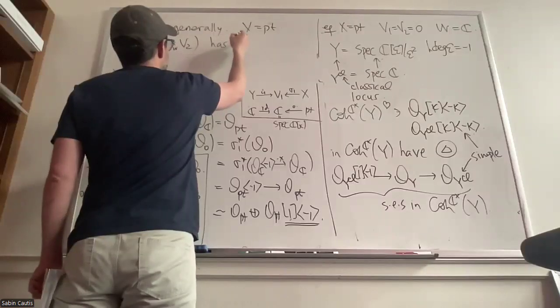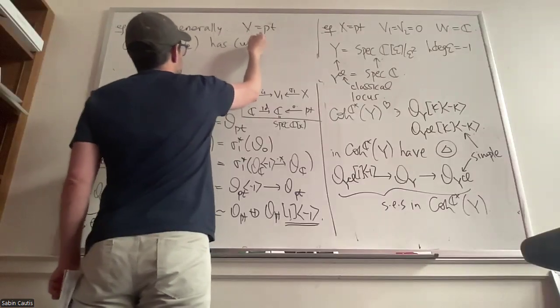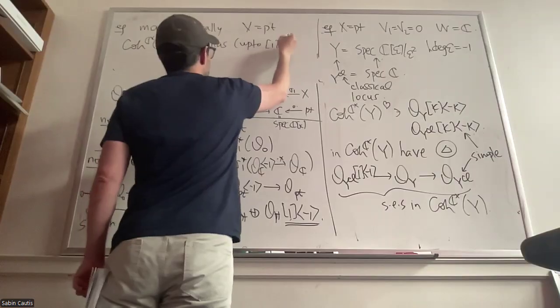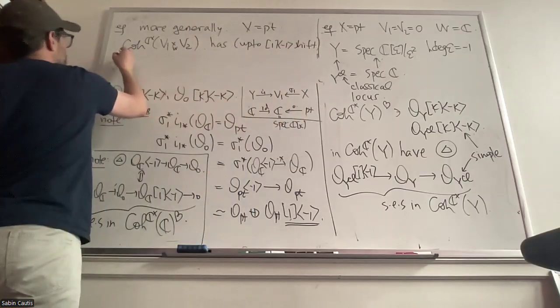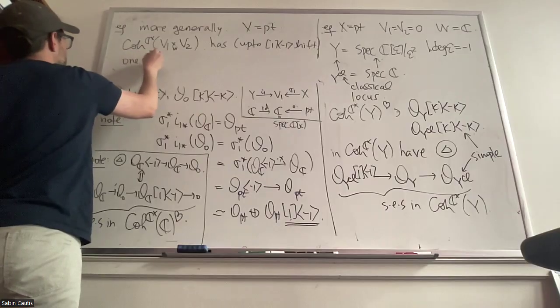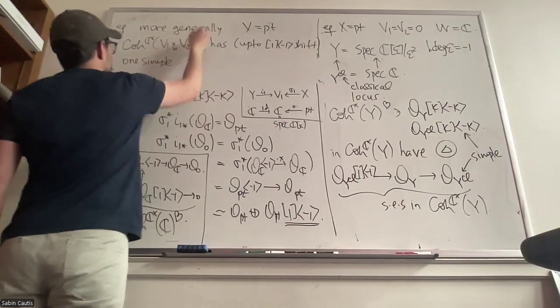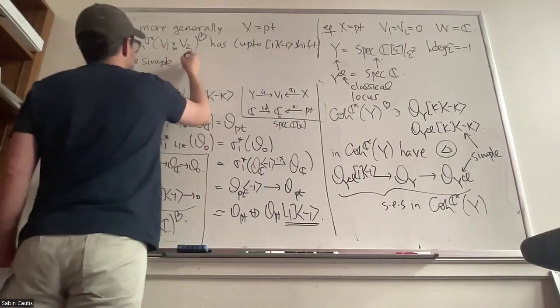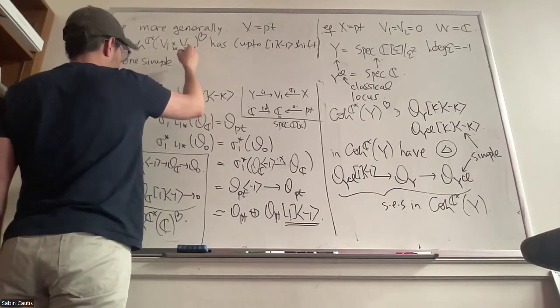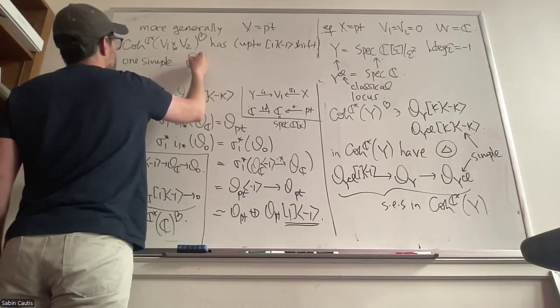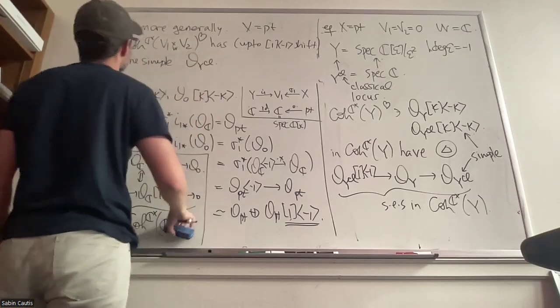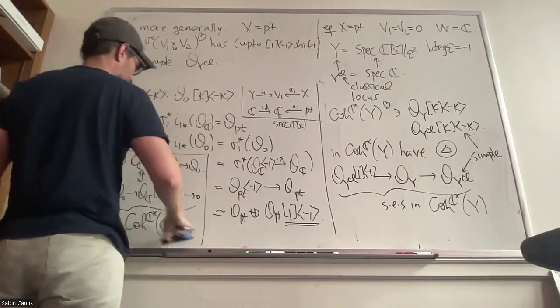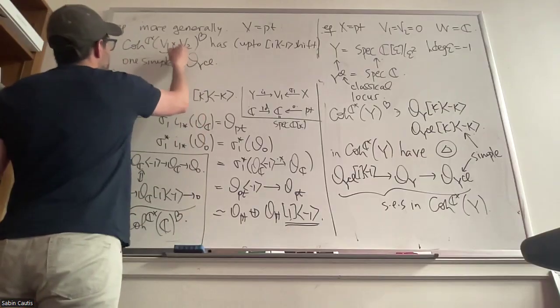Let's just say this has, up to shifts, obviously, because you can always shift, a unique symbol. One symbol, the heart, has one symbol, which is O of y classical. This is y. I should have just said y. This is y, right?